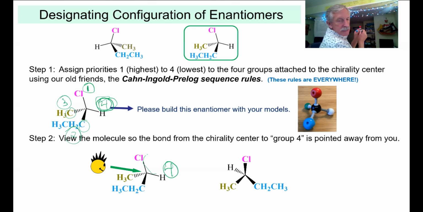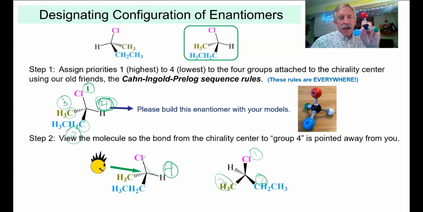Let me make sure I got this right. Yep. So this is what you see. We're having this white one pointing away from us. Way out here is the white atom. And then as you zoom in, here are the 3 other atoms and their priorities of 1, 2, 3.